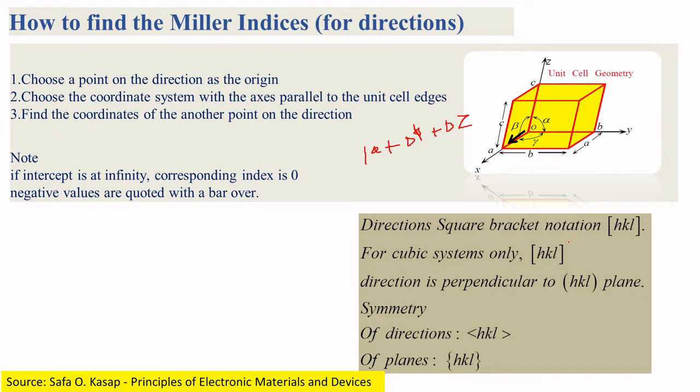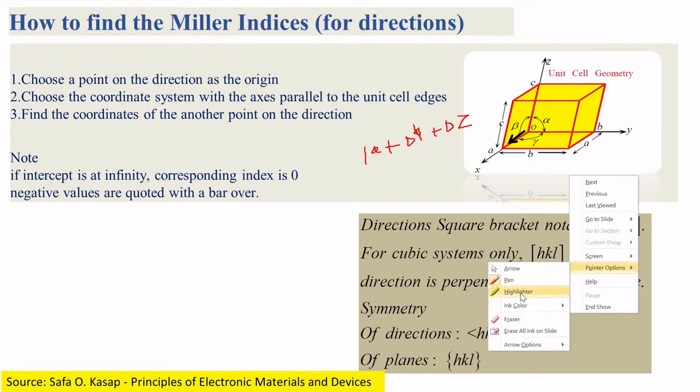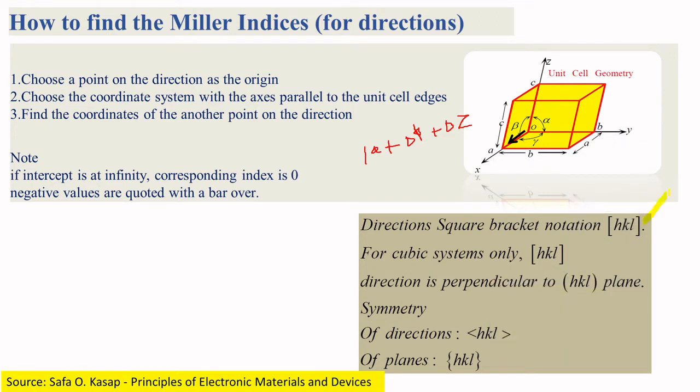Generally you have a direction, a plane and also a family. We used to say the family of directions or family of planes. So you have four notations generally. Any direction should be represented by the square bracket. Here I will show you. This is the notation you have to use for the direction. This is the notation you should use for the plane.